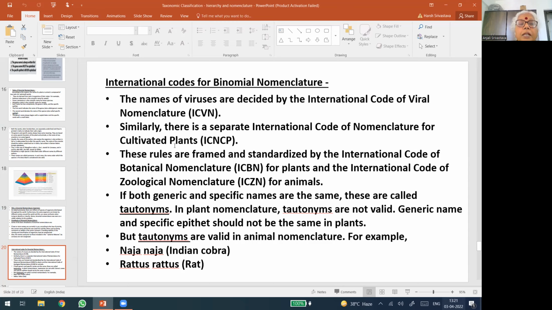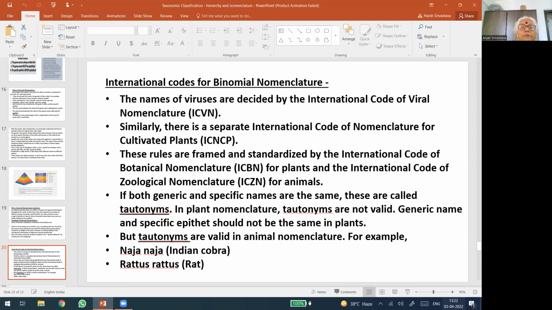For cultivated plants, it is the International Code of Nomenclature for Cultivated Plants, ICNCP. Then the International Code of Botanical Nomenclature is ICBN. For zoology, for animals, it is ICZN, International Code of Zoological Nomenclature.